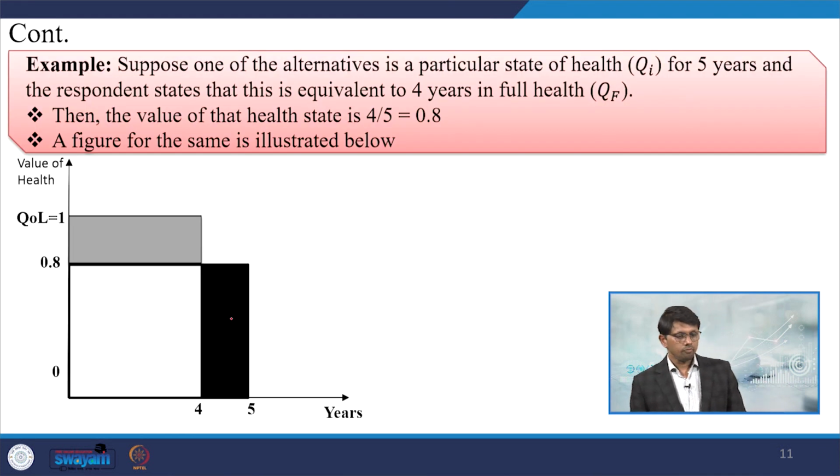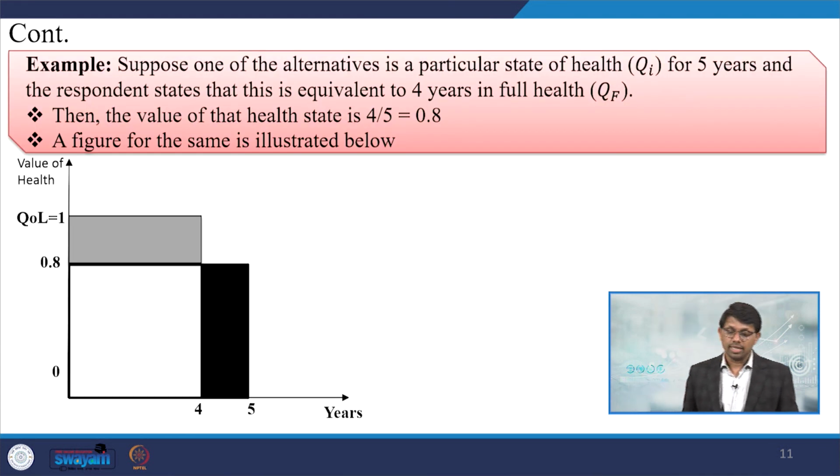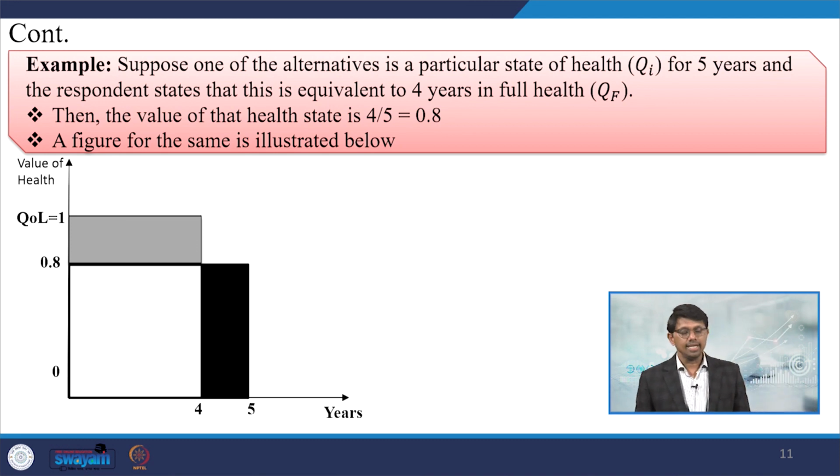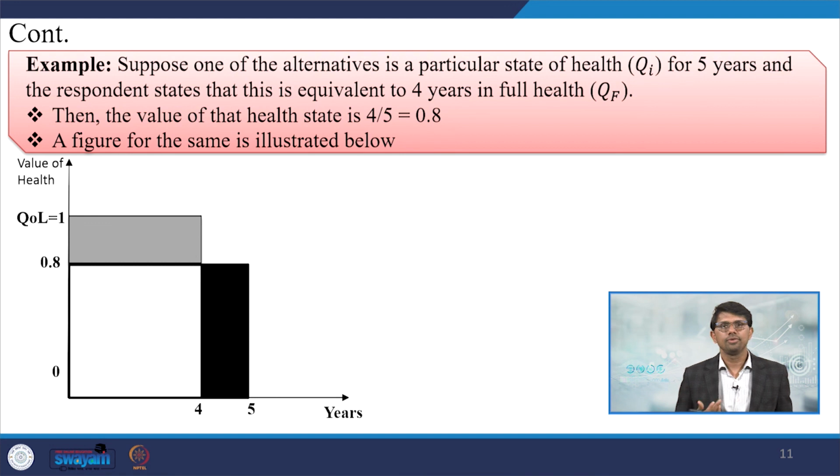Suppose one of the alternatives is a particular state of health for 5 years, and the respondent states that this is equivalent to 4 years in full health. Then the value of that health is 4 out of 5. So small t is 4 and the total length of the state of health is 5 years.